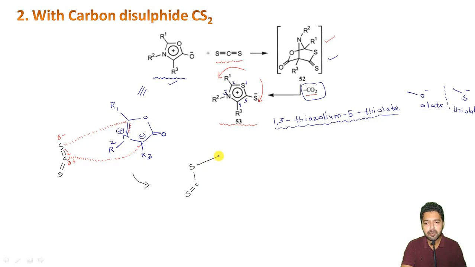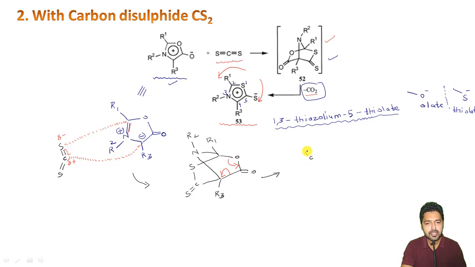This will be a single bond here having R1 single bond oxygen double bond oxygen here, and then this carbon atom having R3 bonded to this, and I can also show my nitrogen like this, which is having the R2 group here, right? And now the same step will take place, that is the removal of a molecule of carbon dioxide, and it will be like this, right, resulting in the formation of what?